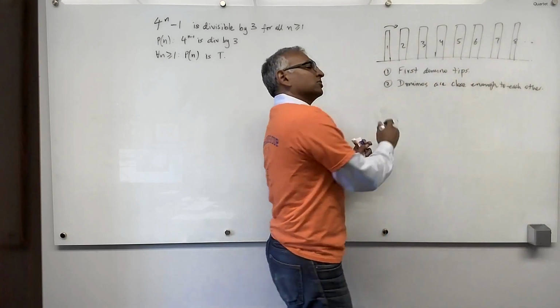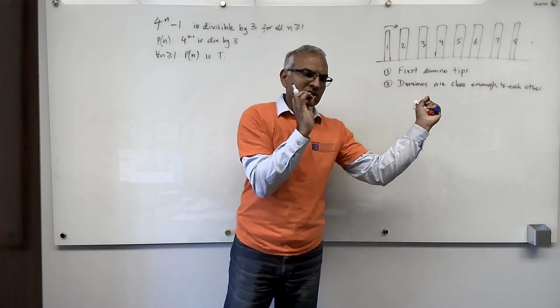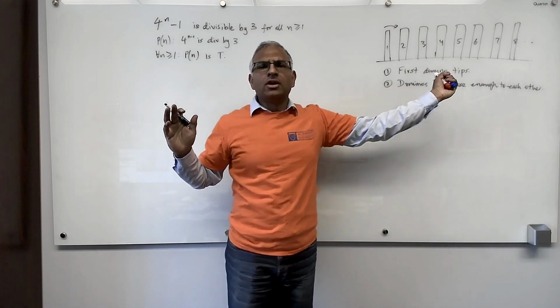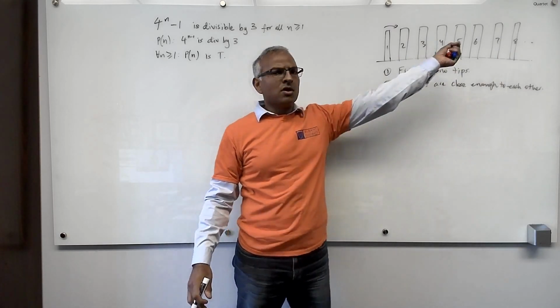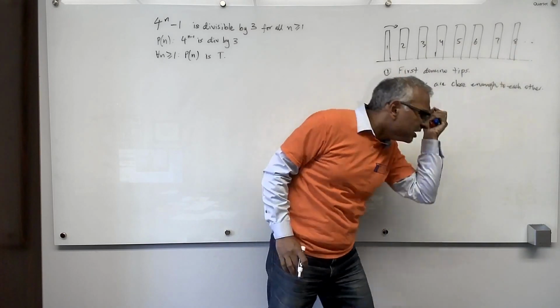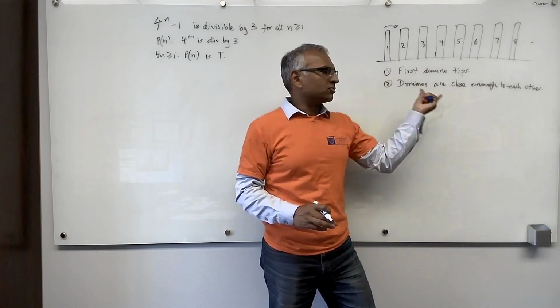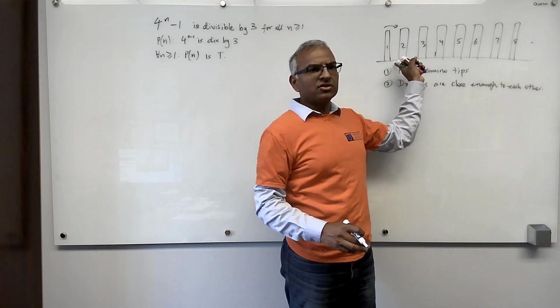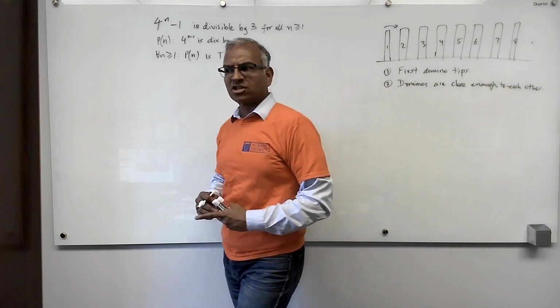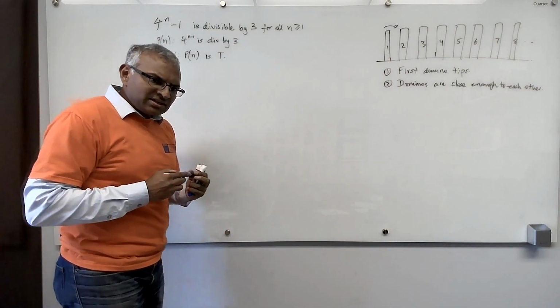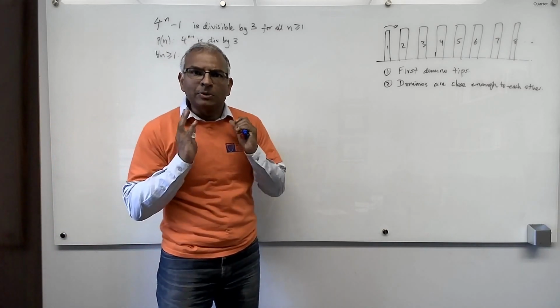If you know that, and you tip the first one, we all know that all the dominoes tip. And you don't need to go and verify domino number 757. Did it tip? Yes, I can tell you straight away, because all the dominoes were close enough, and you tipped the first one, which starts off a chain reaction. And induction is exactly that. It's a chain reaction.